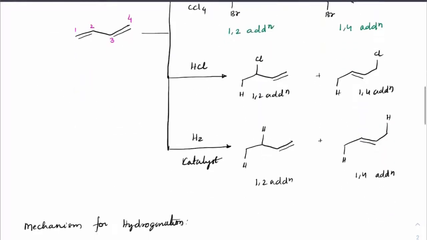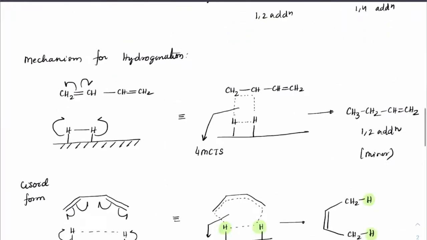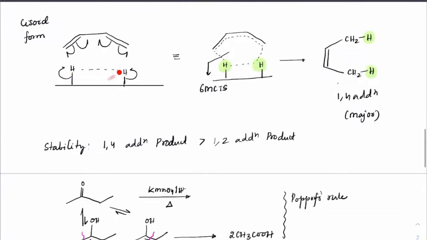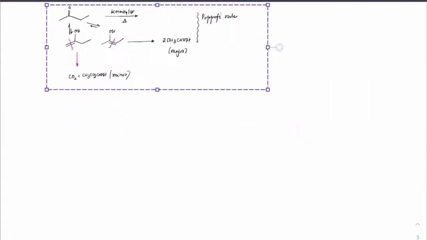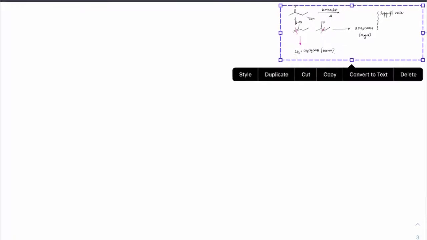So now let us look at this. First, we discussed the mechanism of hydrogenation, how 1,2 addition takes place and how 1,4 addition takes place. Then we wanted to discuss how it happens with 1,2 and 1,4 addition in case of HCl or HBr.